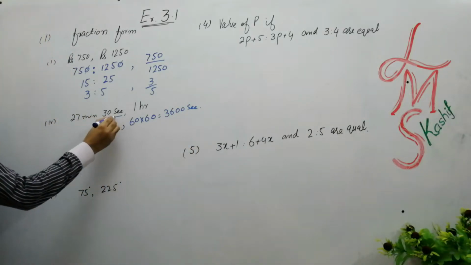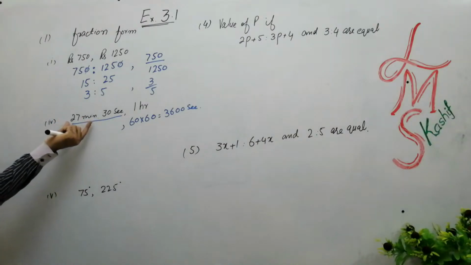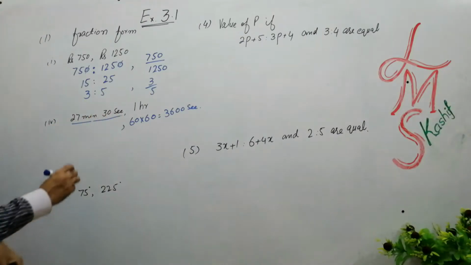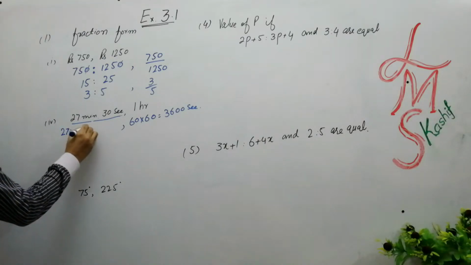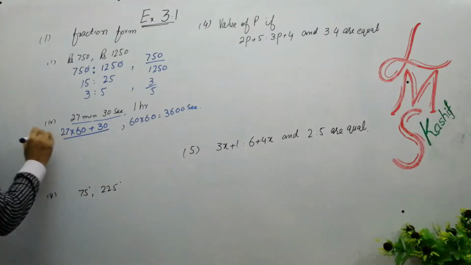Similarly, we will convert this quantity also into seconds. So 27 minutes means we have to multiply 27 with 60 and then we add 30 in that, means 27 multiplied by 60 plus 30, that converts this into seconds.